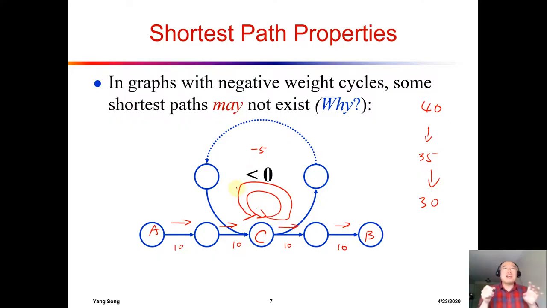We can always lower our total weight as long as we are willing to stay in this circle even longer. So in this case, what is the lowest weight from A to B? The answer is -infinity, because we can always stay in this circle. So in this case, we can say the shortest path between A and B does not exist.